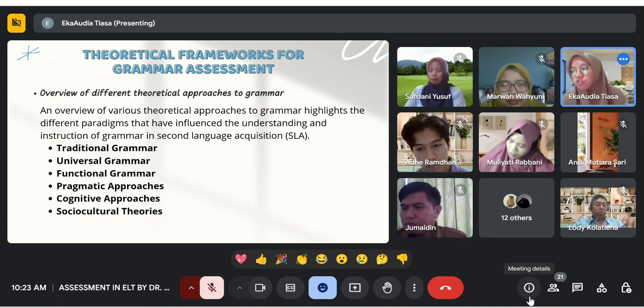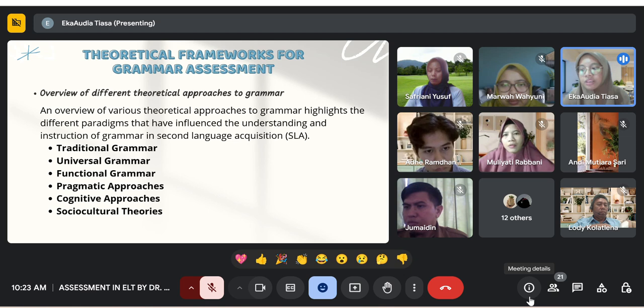This refers to exploring the mental processes involved in acquiring and processing grammatical knowledge itself. They examine how learners understand and apply grammatical structures by making sense of forms and meaning through cognitive development.